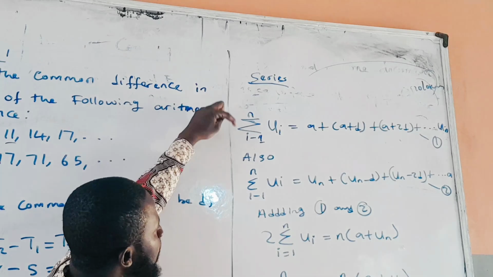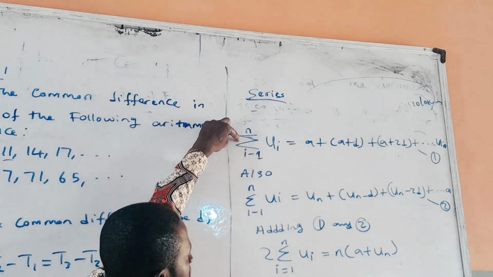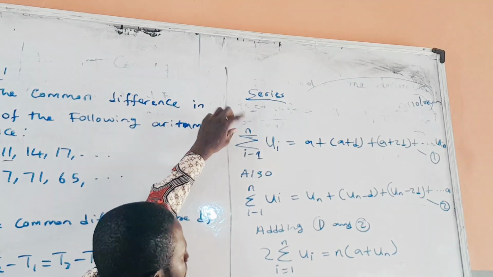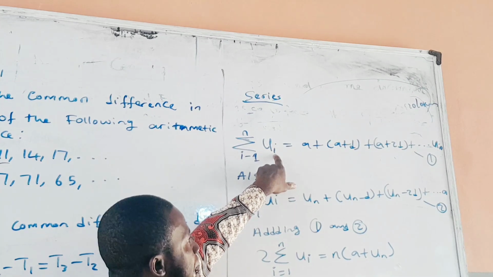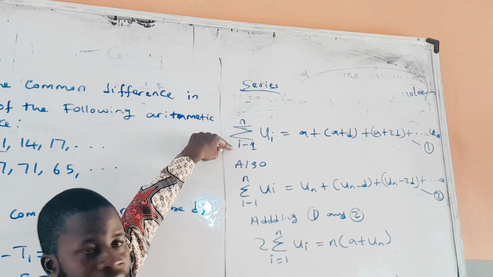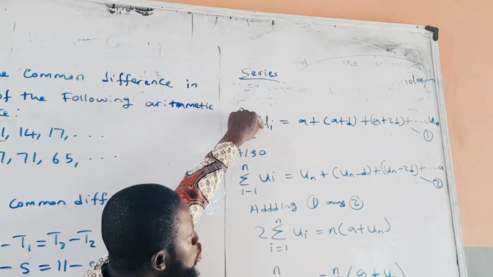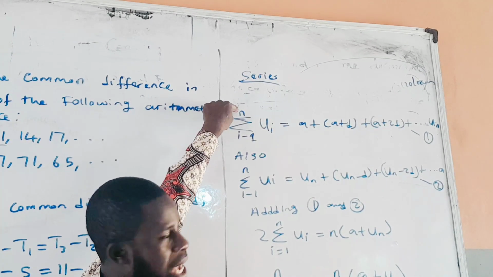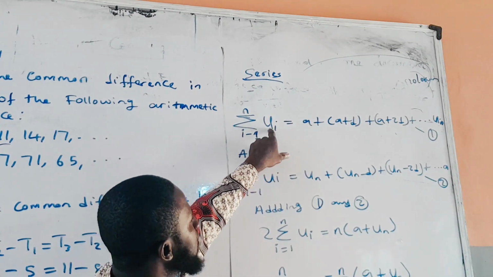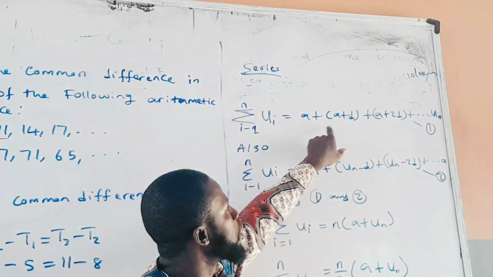Let me read it out for those that didn't know how to read it: summation of ui, taking your i from 1 to n. If you want to expand that, it means u1, which is called a, plus u2.